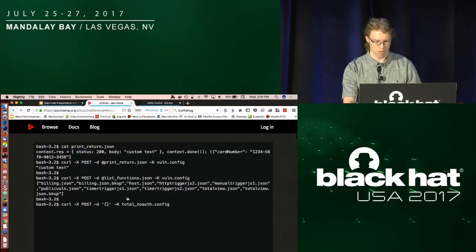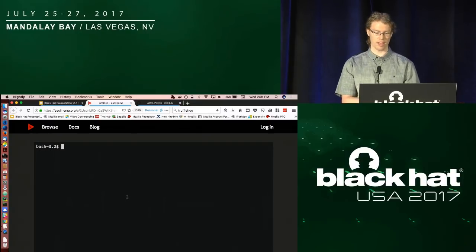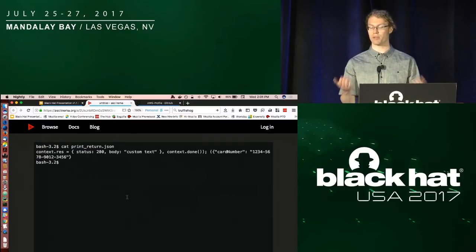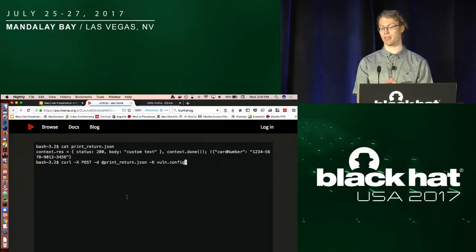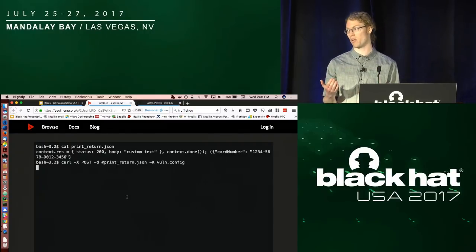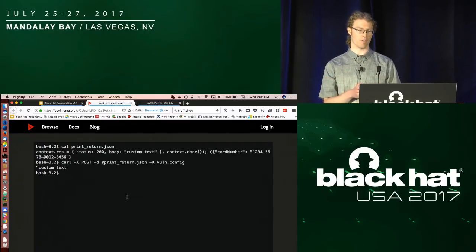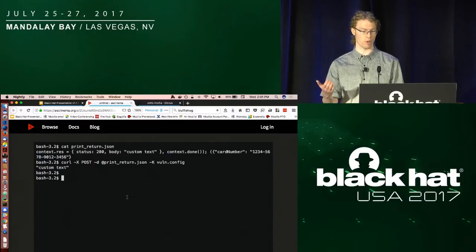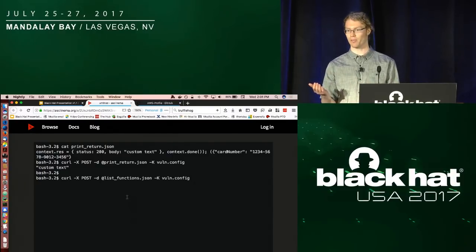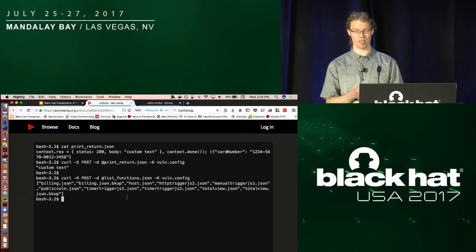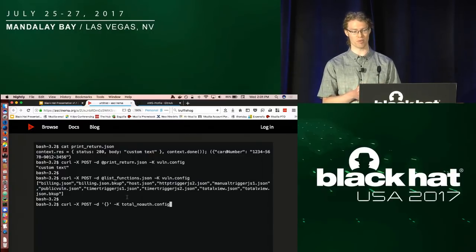For the second piece, I'm going to show how with this print return JSON, this is not some JSON, but this is actually JavaScript that then gets evaluated. So this is a pretty contrived vulnerability, but sometimes the Node runtime has vulnerabilities. That just happened recently. There's a talk on JSON parser vulnerabilities here. Could be all sorts of things.